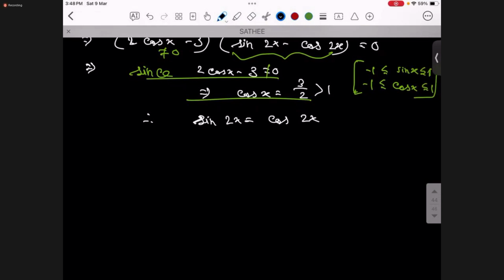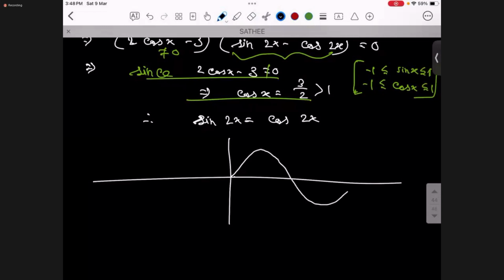Now one point is when the values of the sine and cos functions will be the same. For that, one can draw the graph of sine and cos. This is the curve for the sine function. This is the curve for the cosine function.